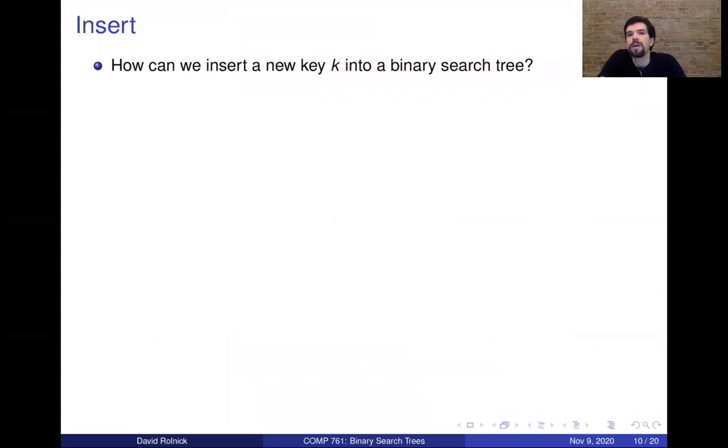How can we insert a new key into the binary search tree? We can do exactly the same thing that we were doing with search.